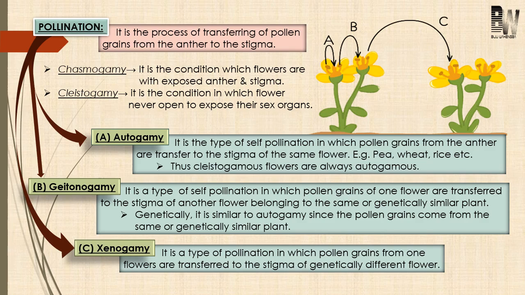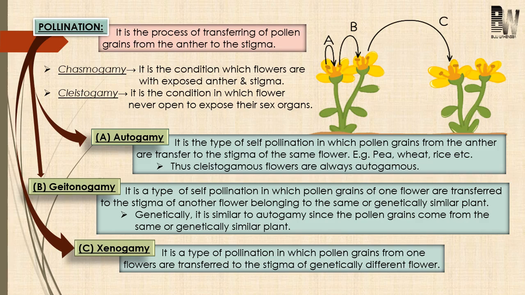Coming to cleistogamous flowers, as the flower is closed, there is no chance of cross pollen landing. So definitely such flowers will perform only autogamy. That is, cleistogamous flowers are always autogamous. On the other side, those plants which produce cleistogamous flowers can also produce what?